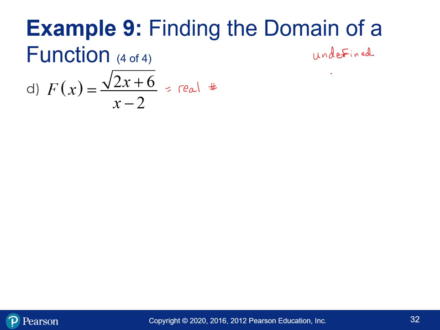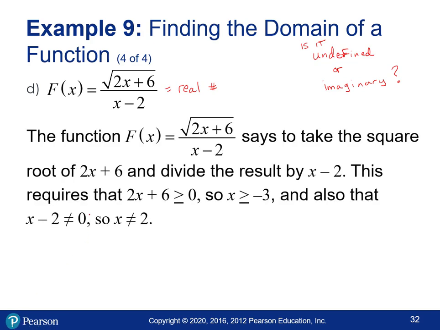So undefined. The other thing that's not a real number is an imaginary number. These are both problems we want to avoid. So I guess we can ask the question, is it undefined or imaginary? If so, we can't use those x's that would make that happen. Okay, and so in this case, we have to talk about two different things.